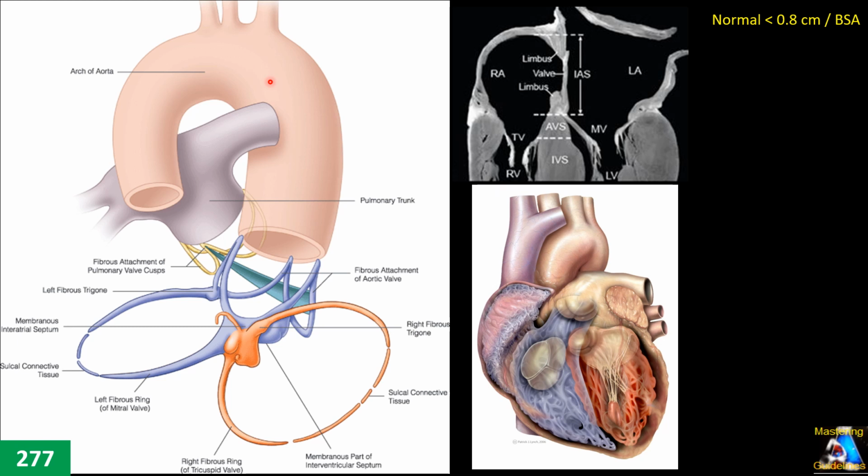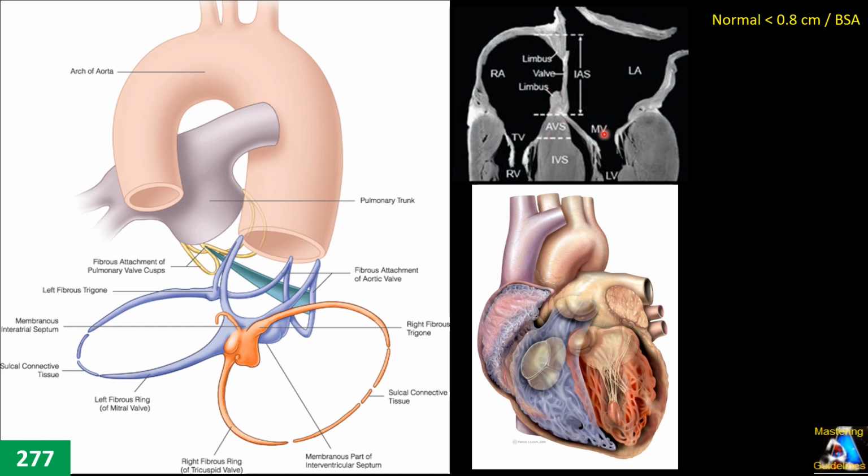Related to the tricuspid valve, we have to keep two important parameters in our mind. First of all, the insertion of the tricuspid related to the mitral valve insertion to the septum. Usually in the normal situation, the insertion of the tricuspid to the septum is more toward the apex, as you can see here.